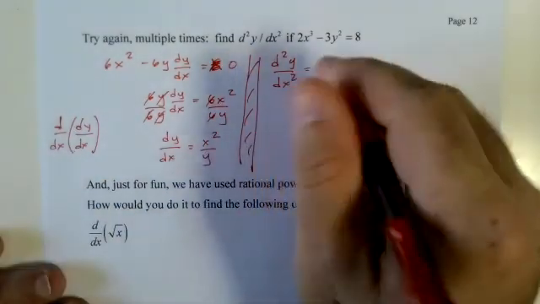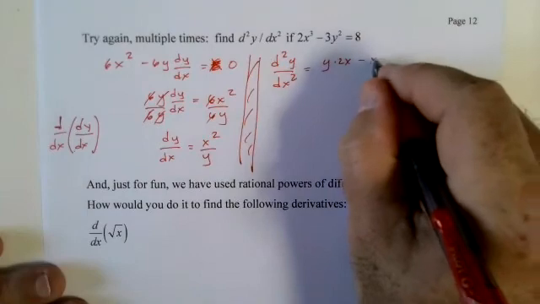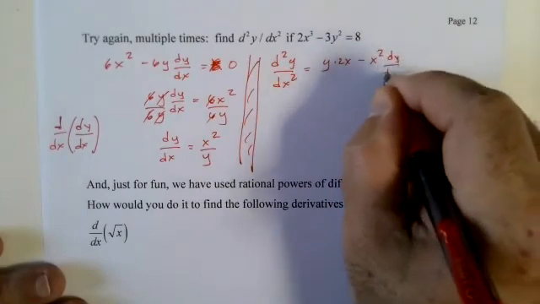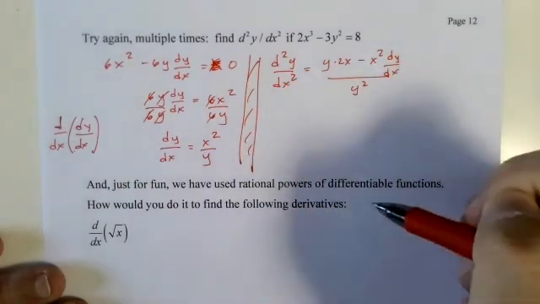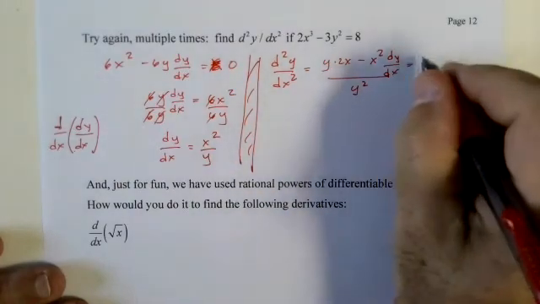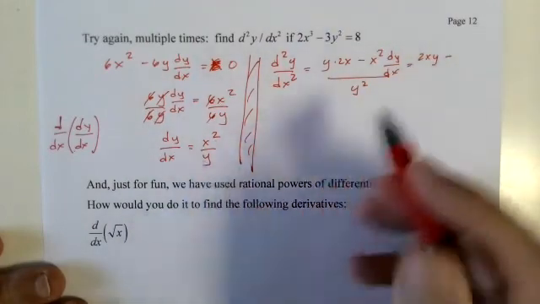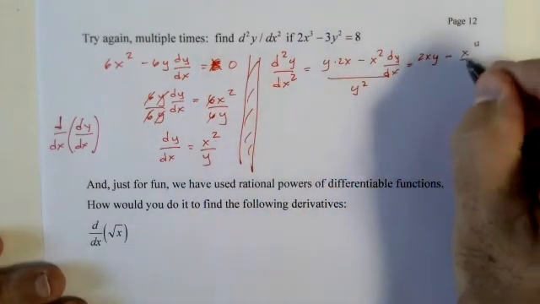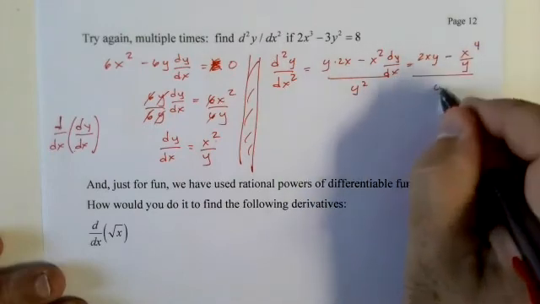Equals low d high minus high d low over low squared. Well, what in the world are we supposed to do with that? 2xy minus x squared over y, x to the fourth over y, over y squared.